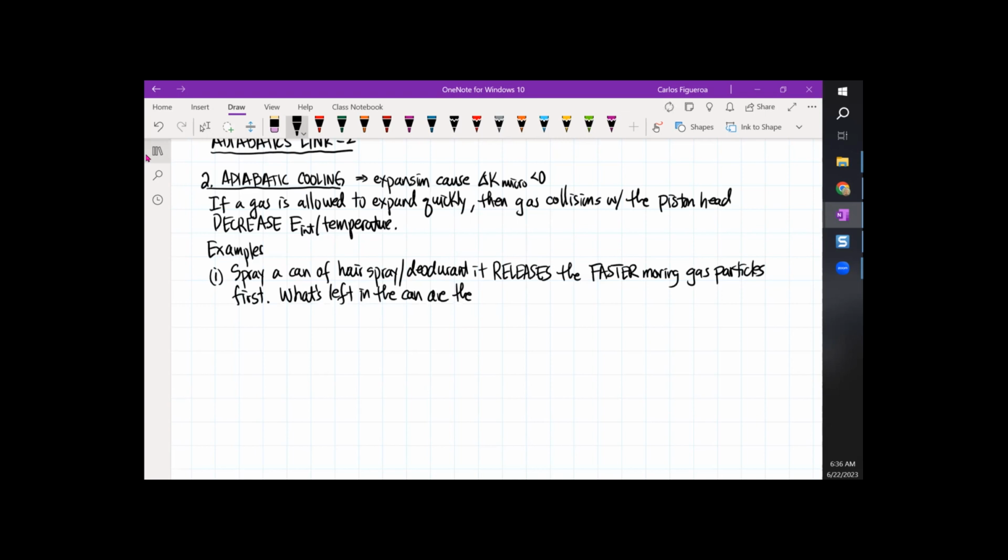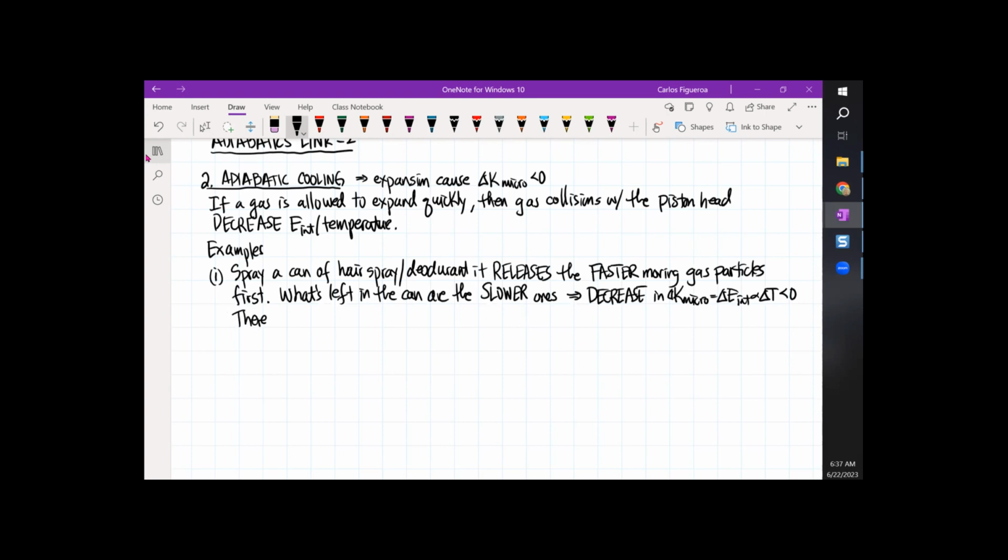are the slower ones. So therefore, that implies that you have a decrease in the average K micro, which then tells you that the internal energy, which is proportional to the change in temperature, has decreased.